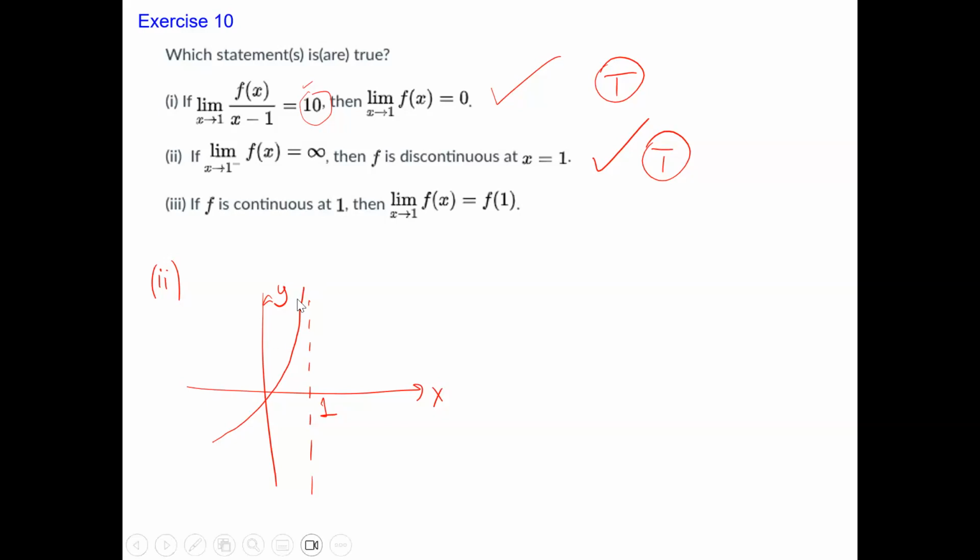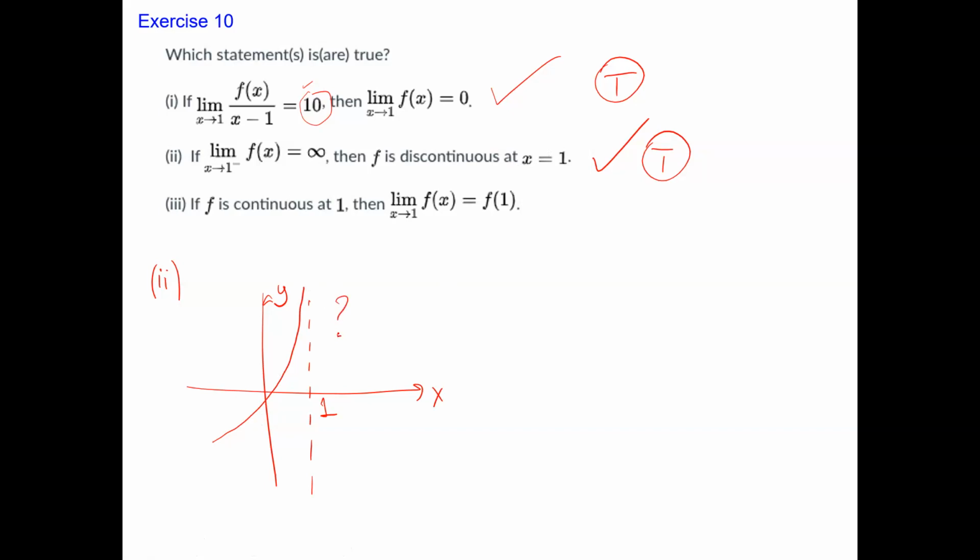You can even see, if I draw the function going up, it looks like a nice continuous function, but the statement says discontinuous at 1. That means yes, because we don't know the situation on the right-hand side. If the statement said discontinuous at 1 from the left-hand side, that would actually be false. But no, at 1 we have to know both sides. That means this is true.